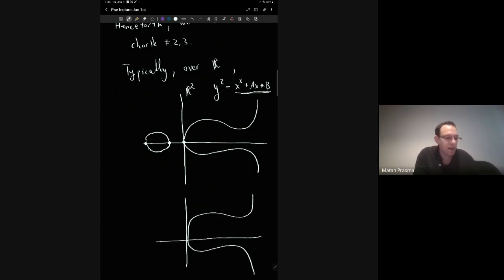Of course, you can do a translation of the graph and so on, but we don't care that much about all these changes of variables. We have this canonical Weierstrass form.